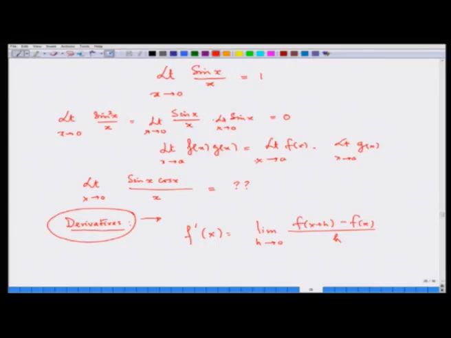Now, in this definition, h going to 0 means h is going to 0 from the right and from the left, both ways. This notion of a derivative of a function is also central to all mathematics. It is a very important notion that we are going to start studying in the next class.